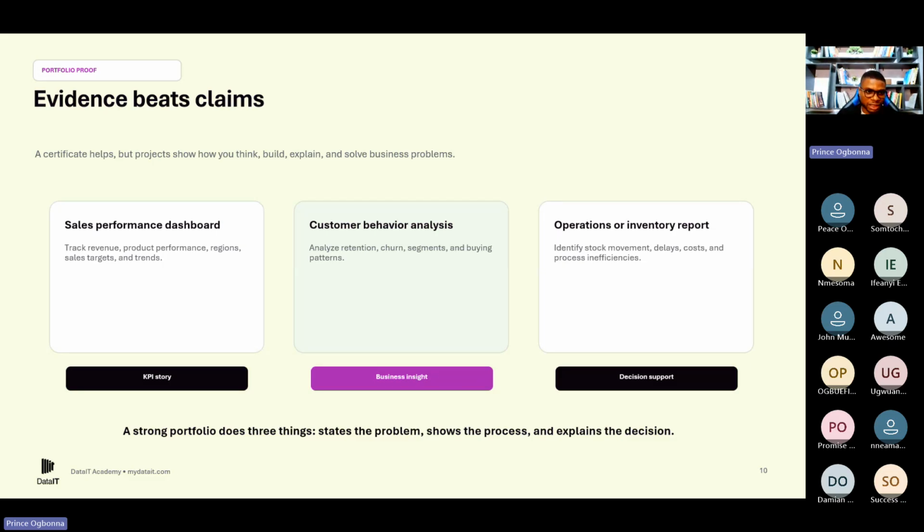A certificate helps, we know that. But projects show how you think, build, explain, and solve business problems. A certificate is good, but that is not all. If a certificate were as powerful as evidence, many people with certificates would find it very easy. But the evidence, how you communicate it, how you talk about it, the mediums you talk about it in, is very, very important.